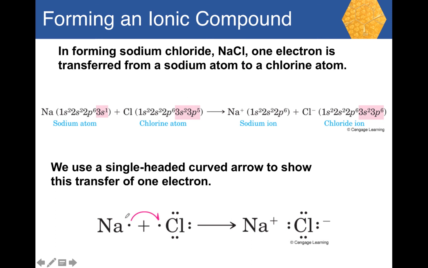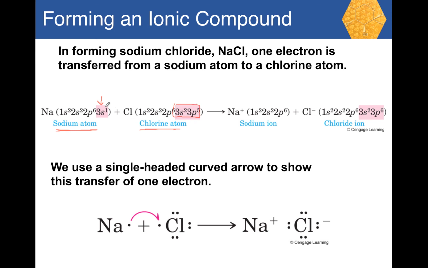Same here. Another example. We have sodium. Here's the sodium atom as it appears on the periodic table. Notice here that the outer shell is not full. If it comes in contact with a chlorine atom, notice again the outer shell is not full.